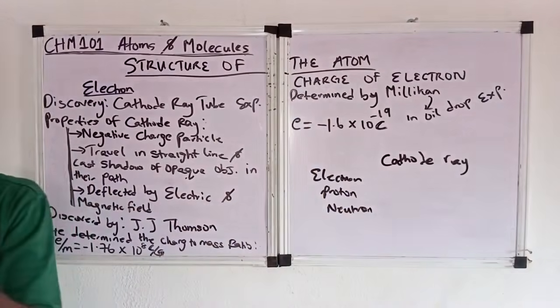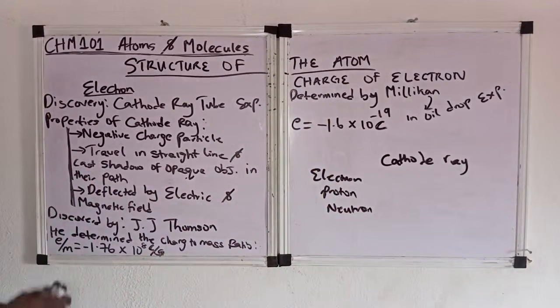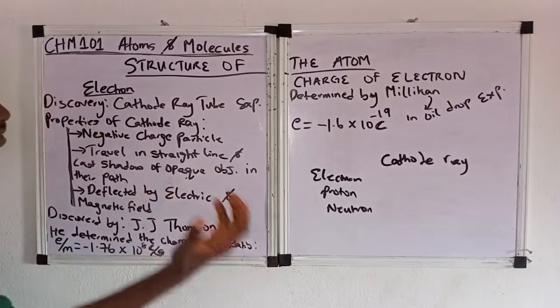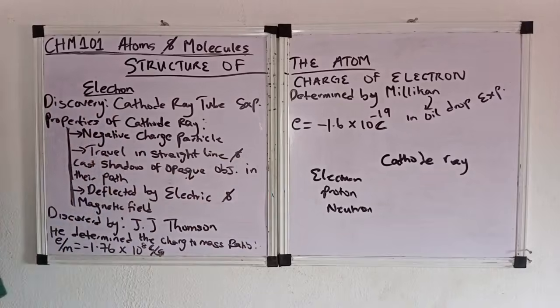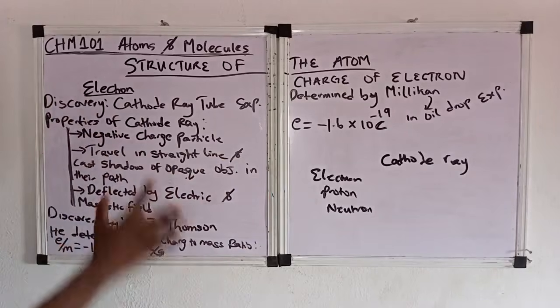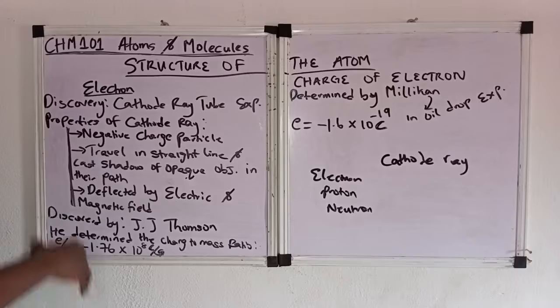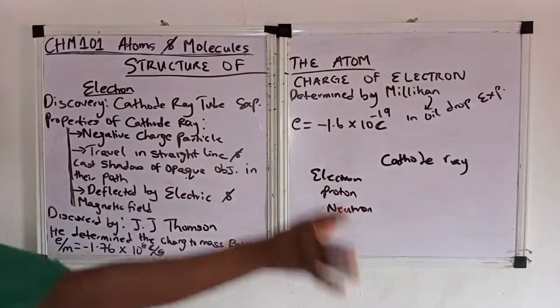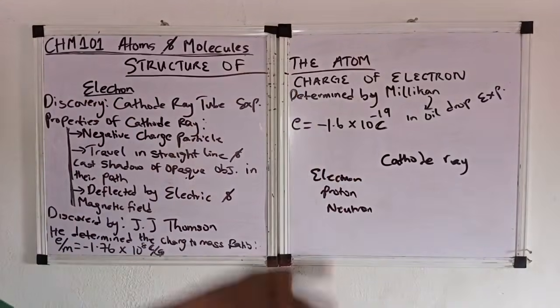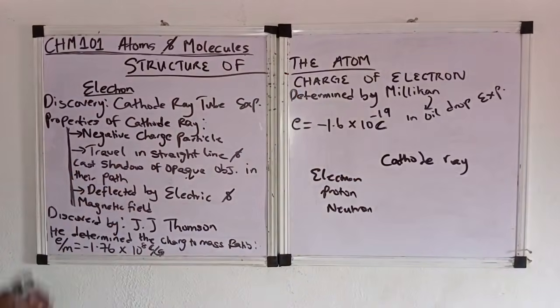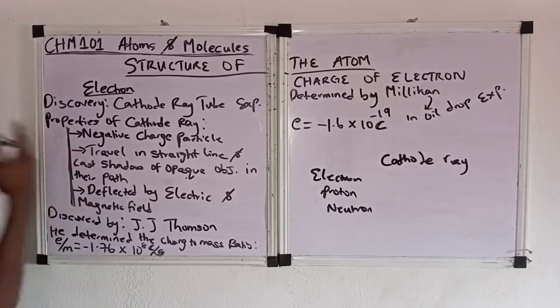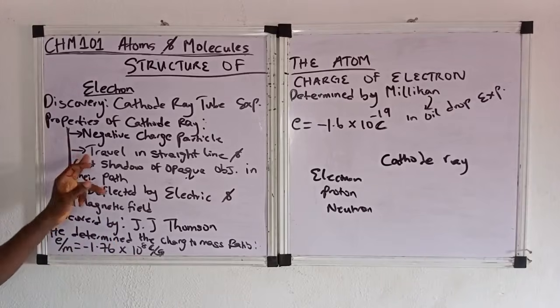So that is why it's said that cathode ray is a negatively charged particle. It is negatively charged because cathode ray, or electron, travels to the positive terminal, the anode, in the cathode ray tube. So the important thing you need to take note of here is that electrons, or cathode rays, are negatively charged particles.